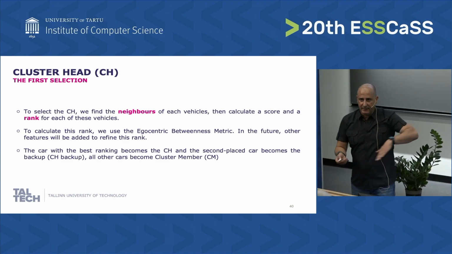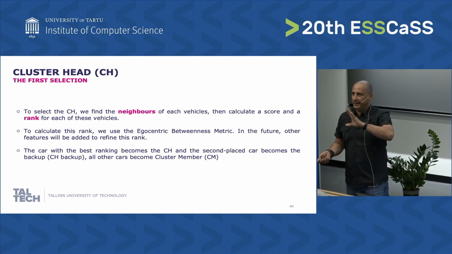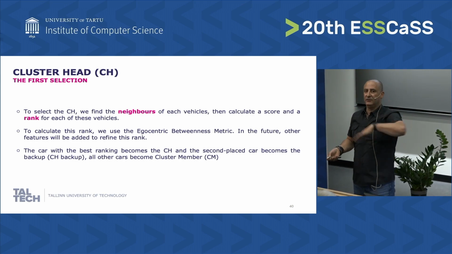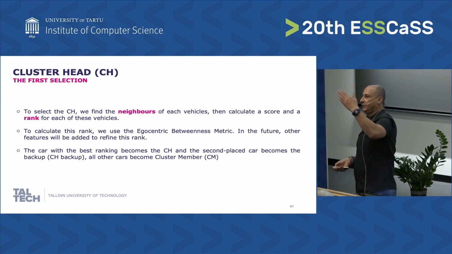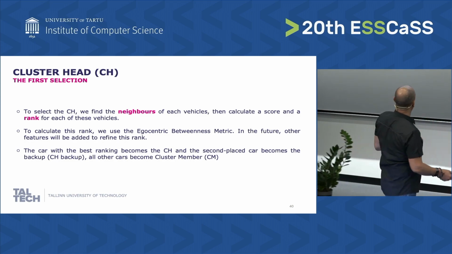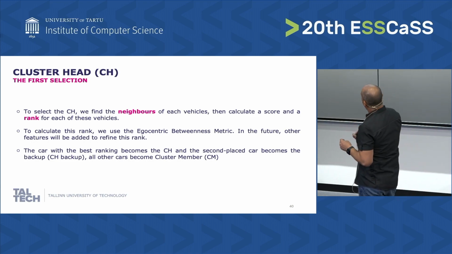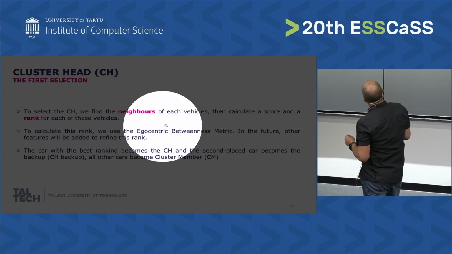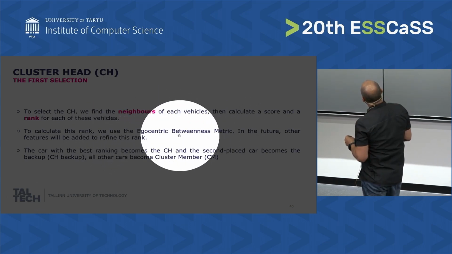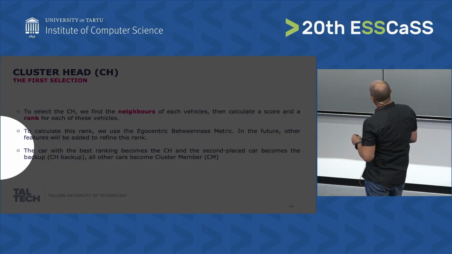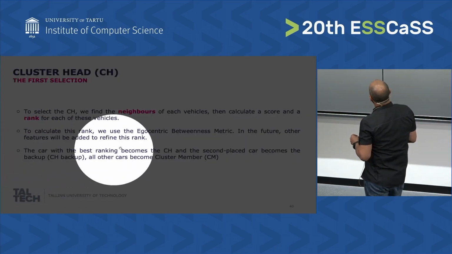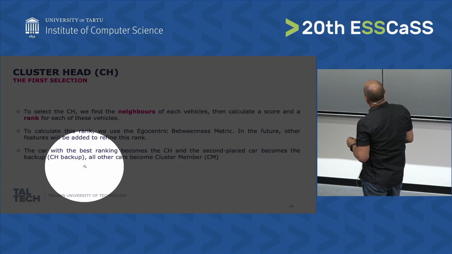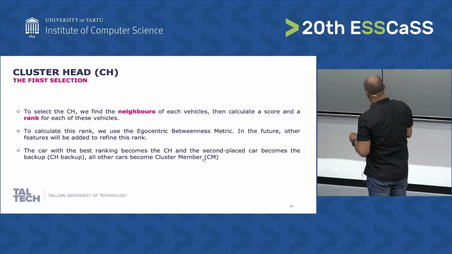In this lapse of time, the highest one will be selected among the community as the cluster head, in charge of communicating with the roadside units. The car with the best ranking is the cluster head, the second one will be the backup cluster head, and the other ones will be the cluster members.